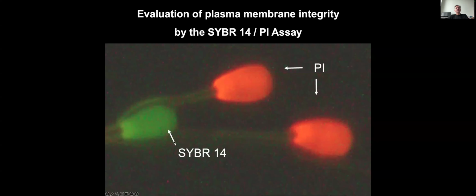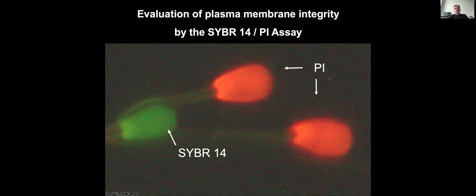And the difference between the SYBR-14 and the PI is that SYBR-14 can go through the plasma membrane in both cases, whether it is intact or not.